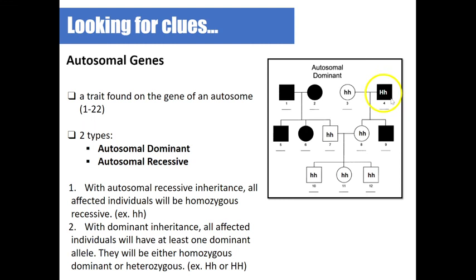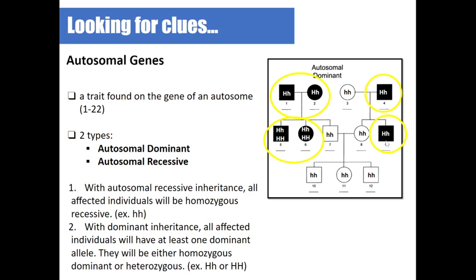So here, this guy is heterozygous for it. They're heterozygous for it and autosomal dominant. So, based off of that, we know that these are the possible genotypes that these children could share. All right?